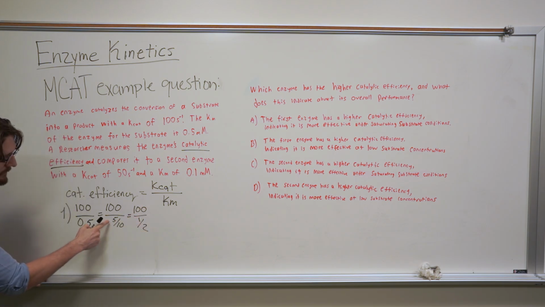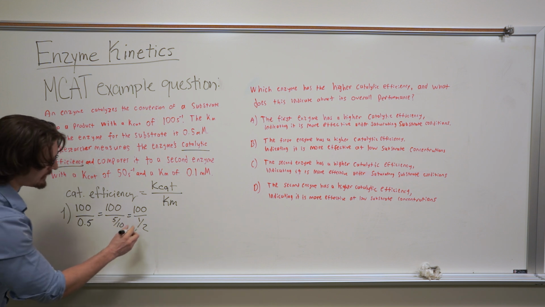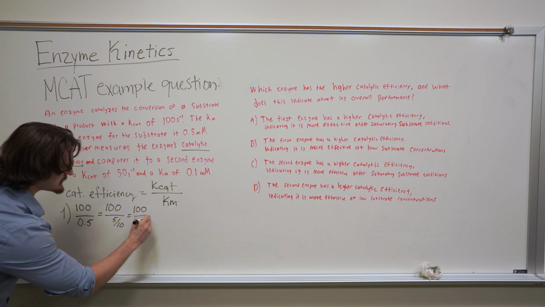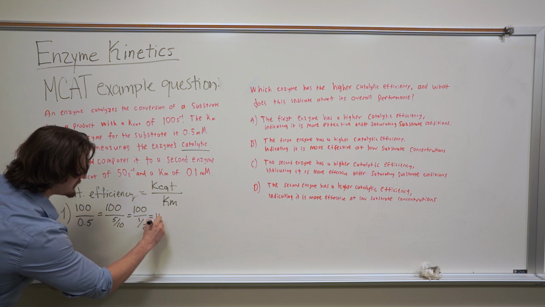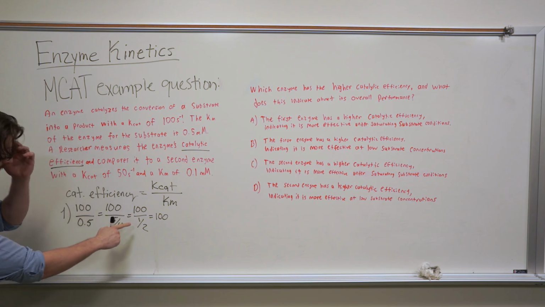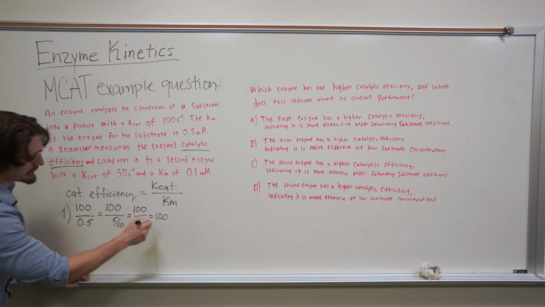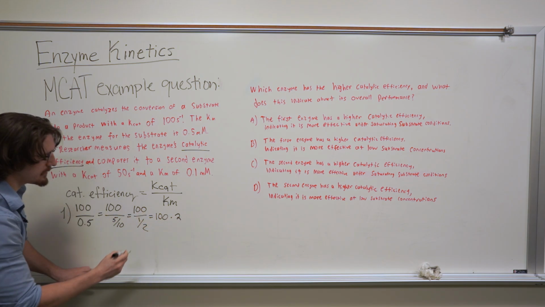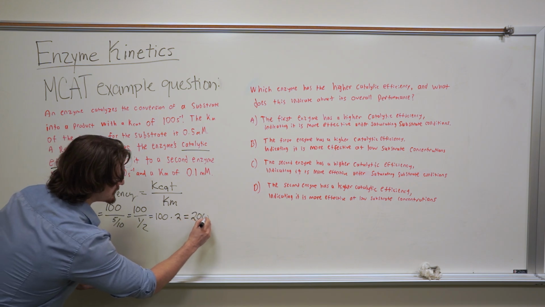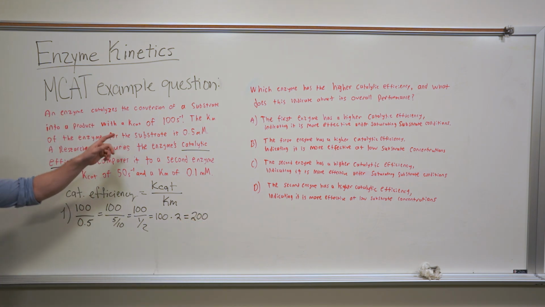And 100 divided by 1/2 is the same thing as 100 times 2, so that's going to be 200. So that's the first enzyme.